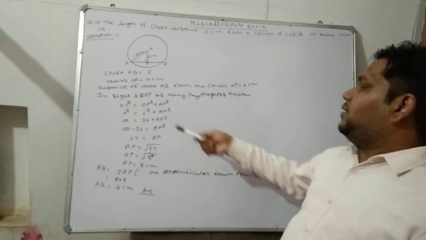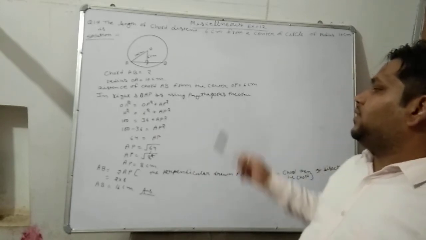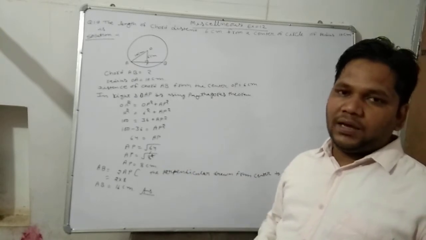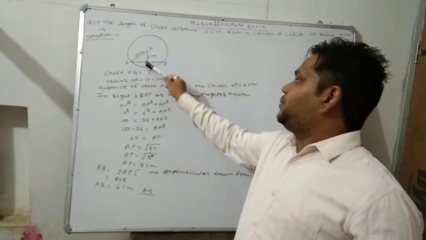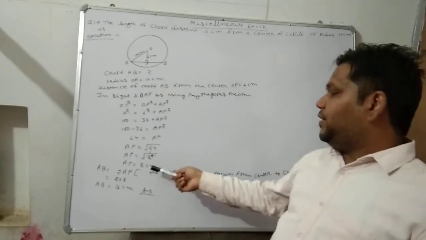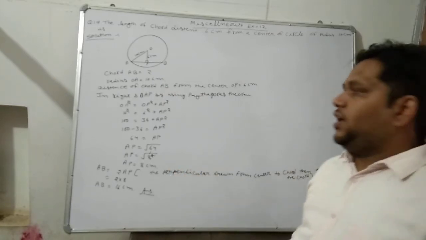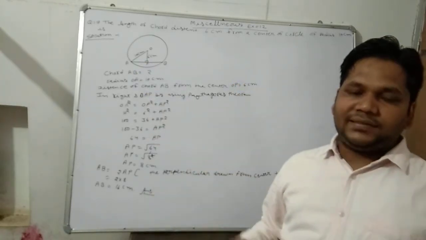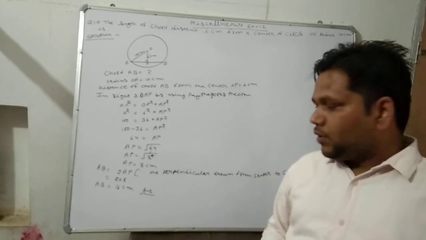In right angle triangle OAP, by using Pythagoras theorem, we find AP is equal to 8 cm. This is the hypotenuse, this is the perpendicular, and this is the base. So AB is equal to 2 into AP. We have done this type of question in the exercise also.